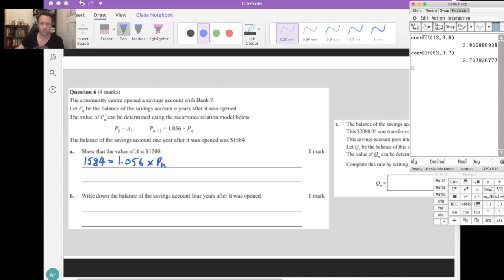So I'll jump over to our CAS, go 1584 divided by 1.056, and there we have it.